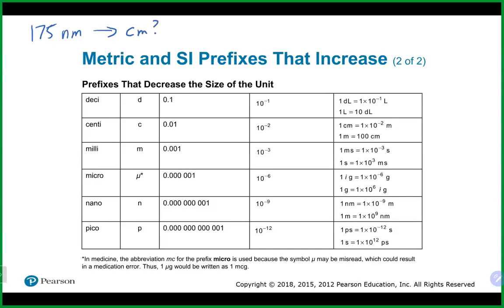So why don't you give it a try? Again, from the table here, we can see that nano is 10 to the minus 9, and centi is 10 to the minus 2. So figure out your conversion factors, set it up so you can see the units canceling, and see what you get. I'll do it as well. Hopefully we end up with the same number.